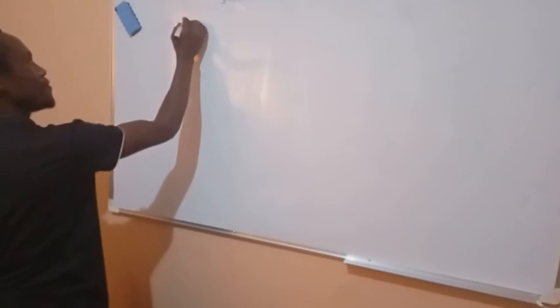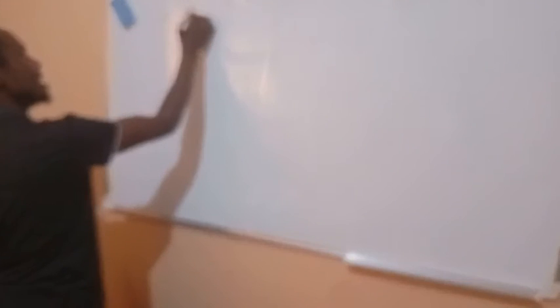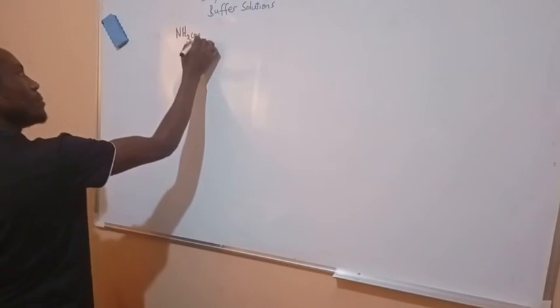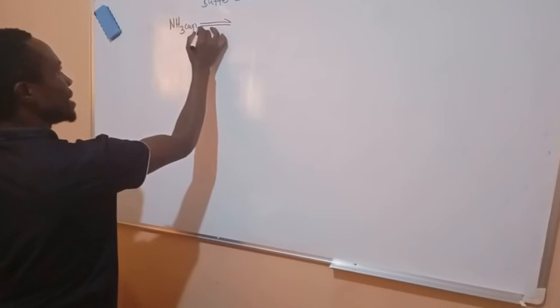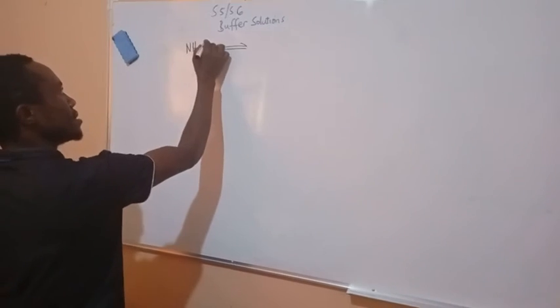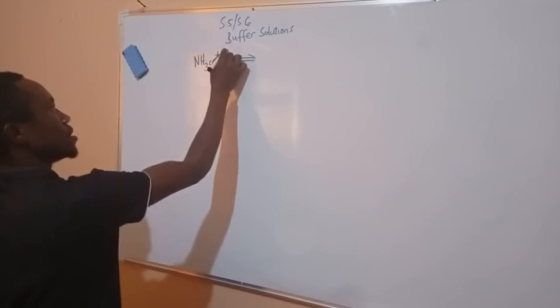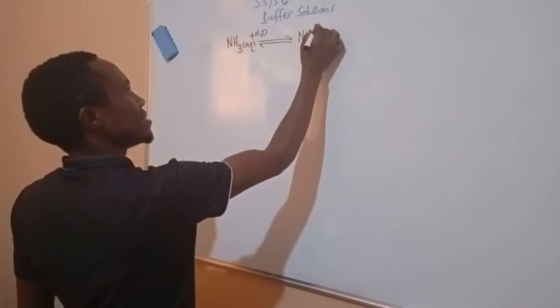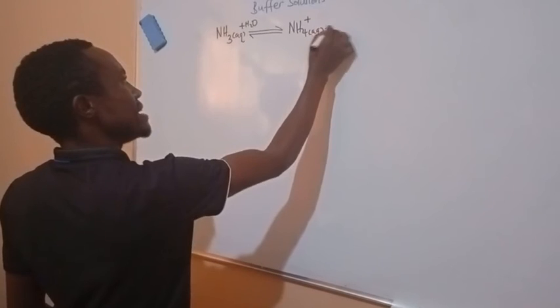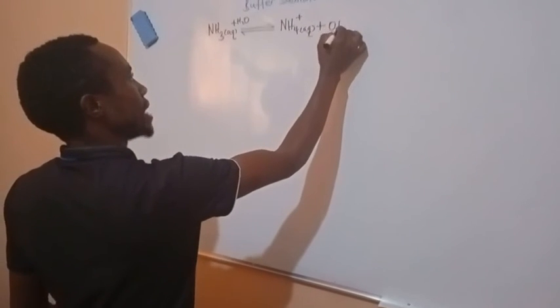For an alkaline buffer, we have considered ammonia solution, which partially ionizes in water to form ammonium ions and hydroxide ions.